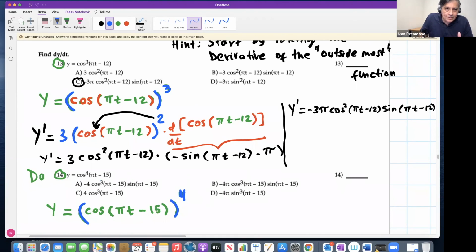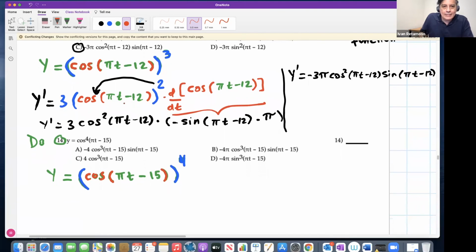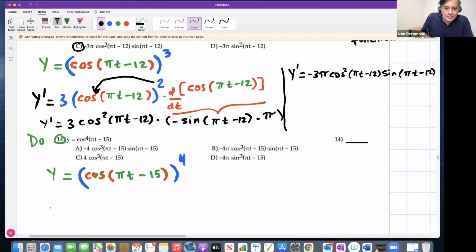Then we have cosine inside. But inside cosine, this one, this linear function, pi t minus 15, right? Yeah, try to figure out the derivative of this guy. Yeah. Once you get used to this, to identify these nested functions, the components, it shouldn't be hard.